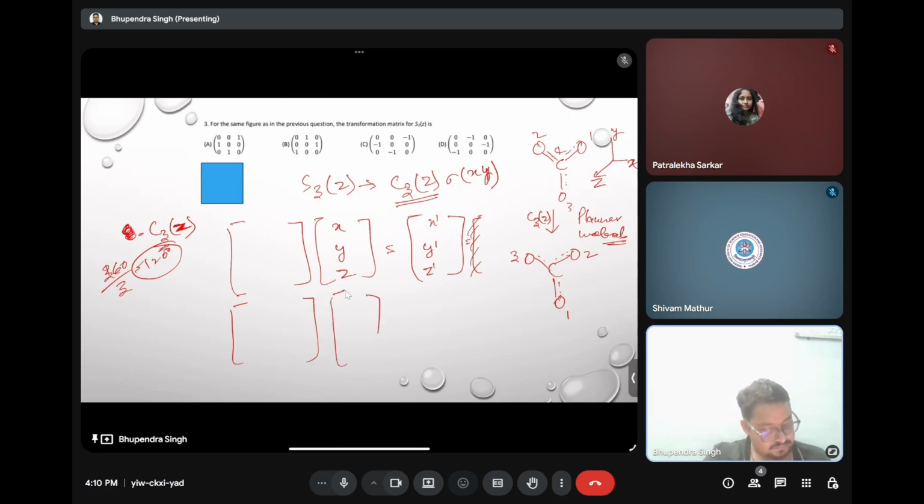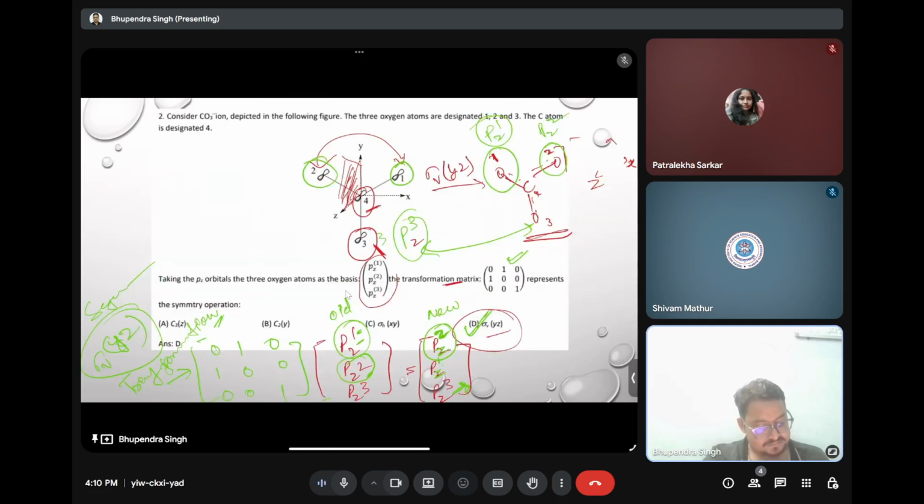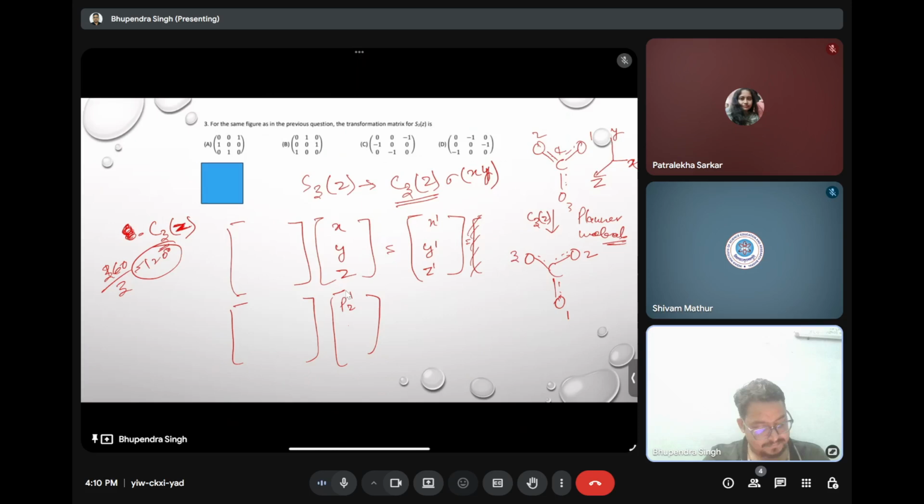As in the previous, these were the bases, pz1, pz2, pz3.